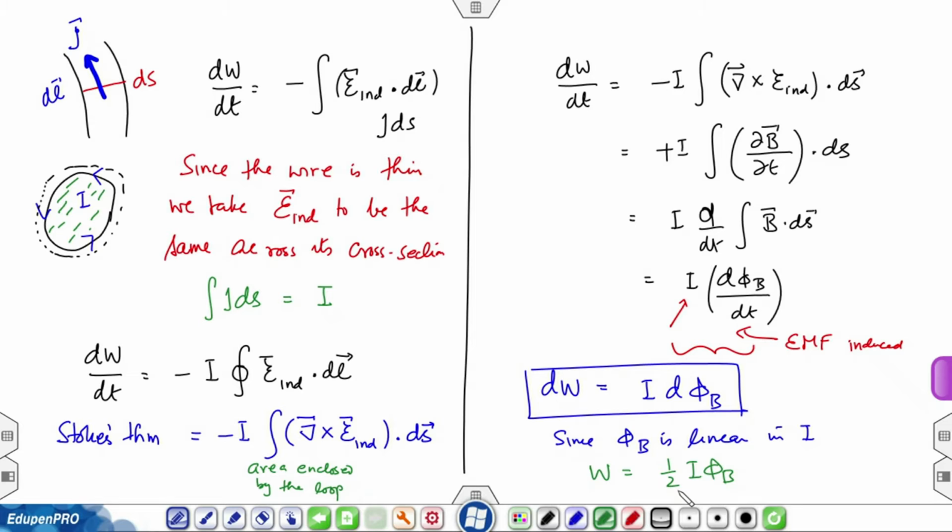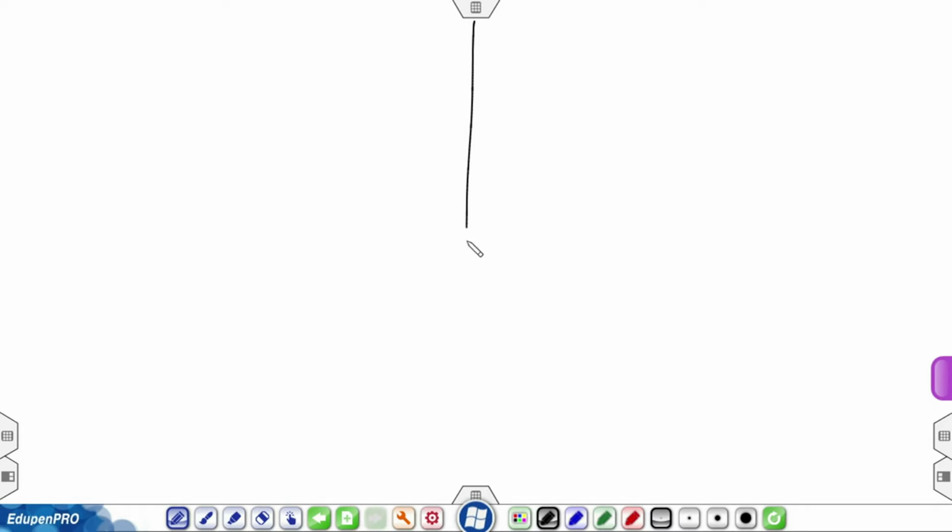That is the other expression for the energy in the magnetic field. Next, I want to write energy in terms of J and the vector potential A.